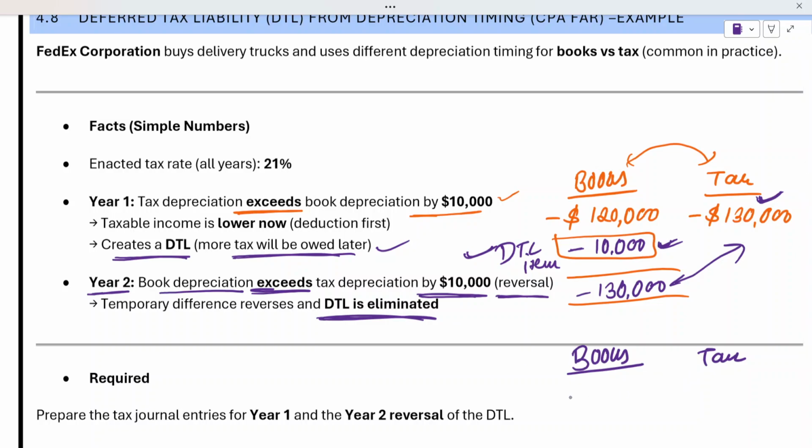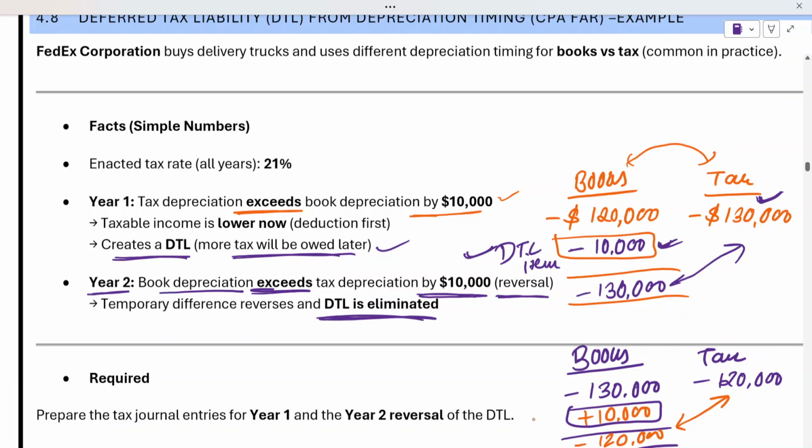So here the book depreciation may be 130,000, I don't know what the number may be, but the tax depreciation may be 120,000, and you need to see what to write here so that both of these numbers match. So you need to write plus 10,000, so that this becomes negative 120,000 and both of them match.